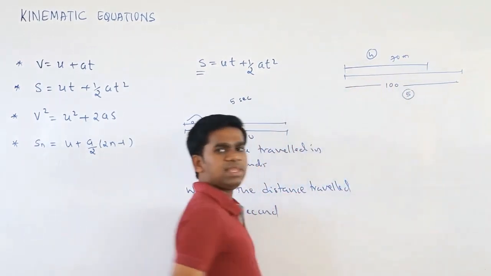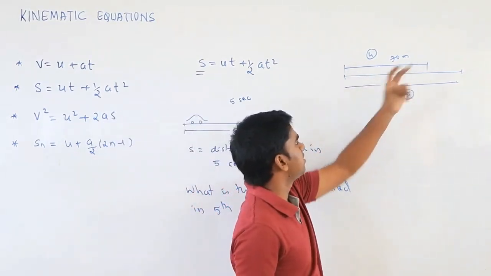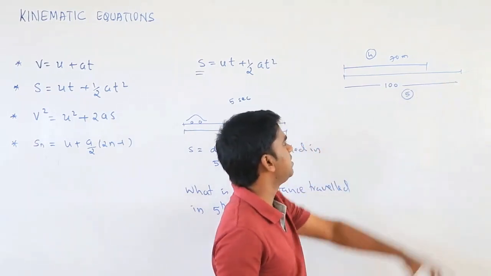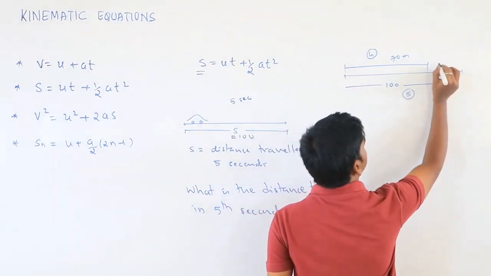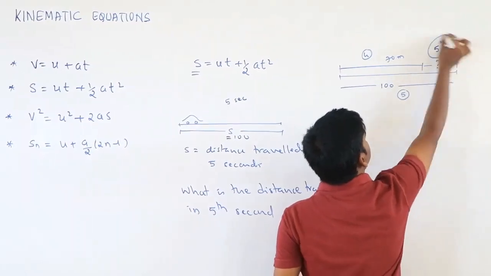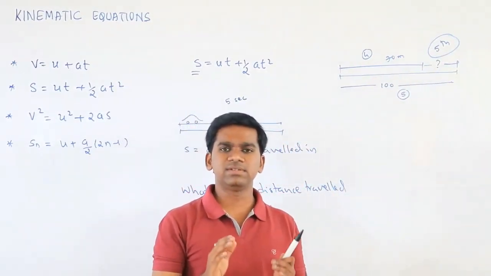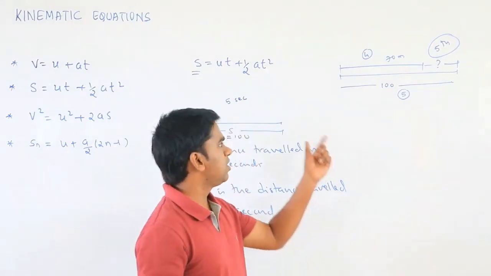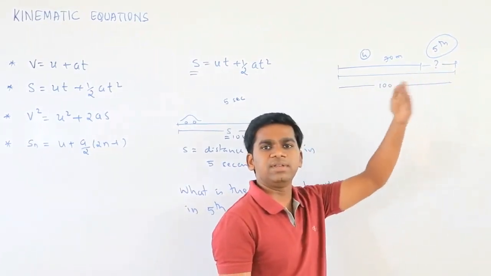Now in 4 seconds your vehicle came here, and in 5 seconds it came to this point, the destination. You want to know what is this distance, the distance traveled in the 5th second. Actually you are calculating the distance traveled in 1 second, but not at the beginning. You are calculating the distance traveled in that 1 second at the end, or it may be in between.